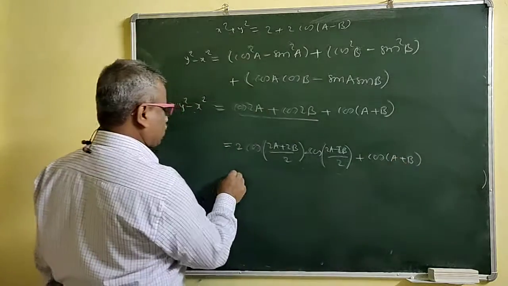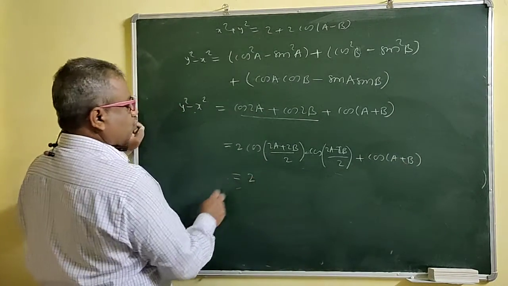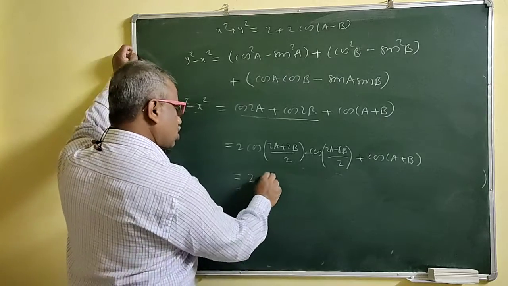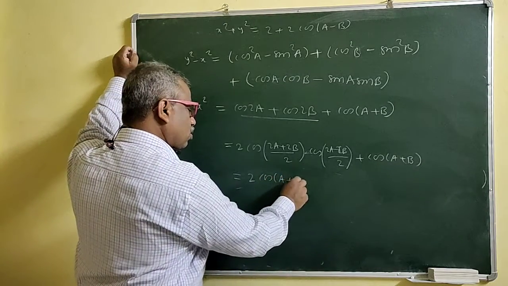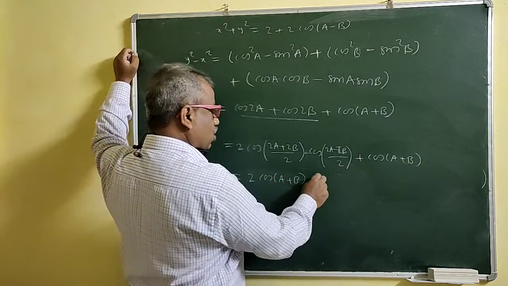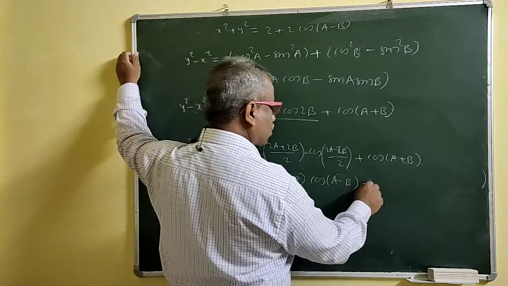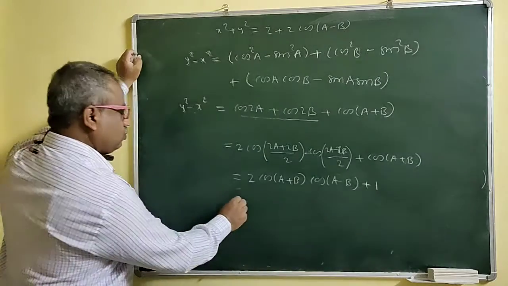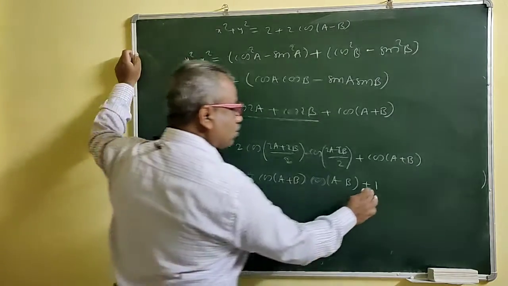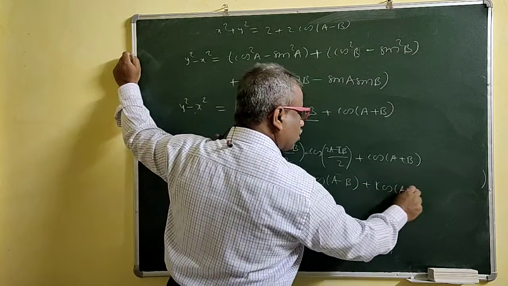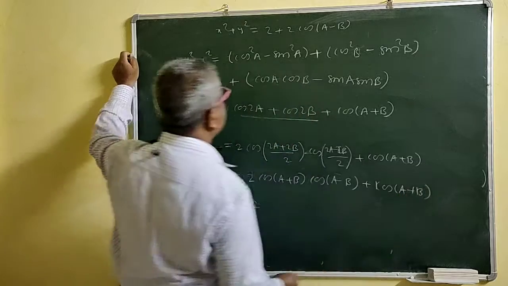So this is 2 cos (A plus B) cos (A minus B) plus cos (A plus B).